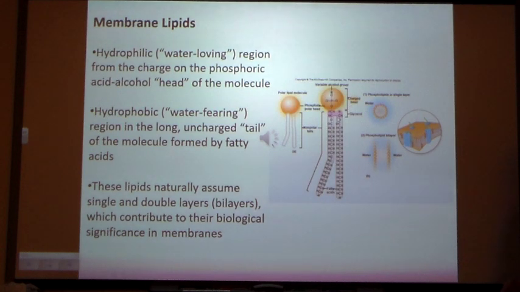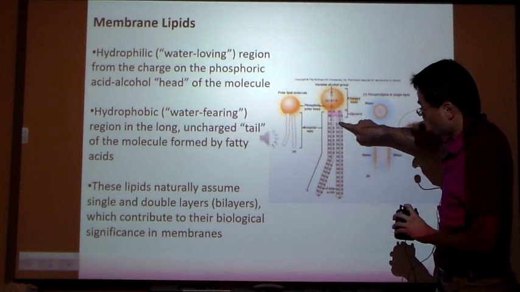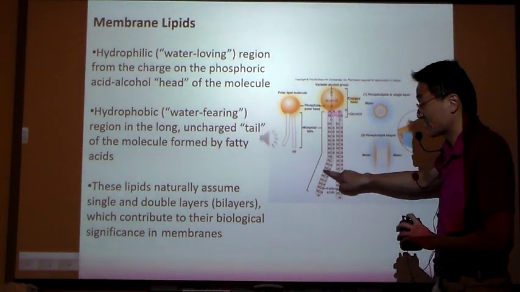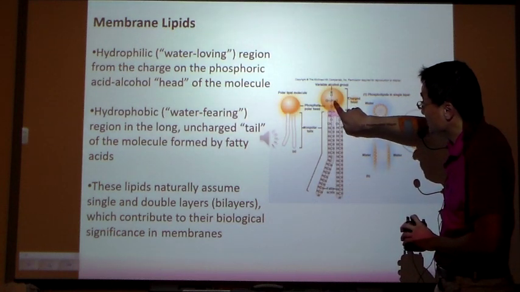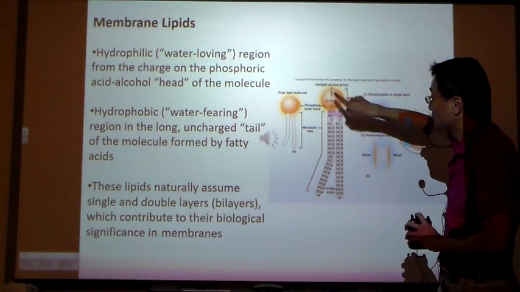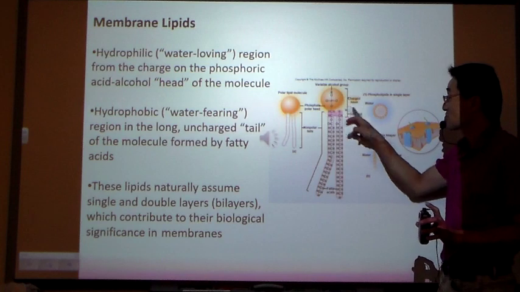It actually looks pretty much like a regular lipid. It still has a glycerol, but it has one chain of saturated fatty acid, one chain of unsaturated fatty acid. But in the third position, it's actually a phosphate group, like a PO4 group. The phosphate head makes it a charged group, and that makes it a charged head.